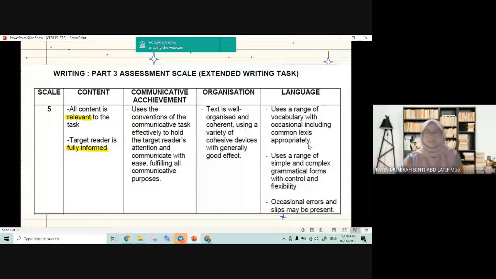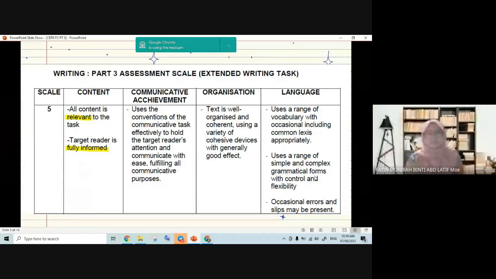Okay, next is you have to use a range of simple and complex grammatical form. Apa maksud dia dekat sini? Simple and complex grammatical forms ni maksudnya dalam karangan kamu, part 3, you have to have simple sentence, compound sentence, complex sentence, compound complex.